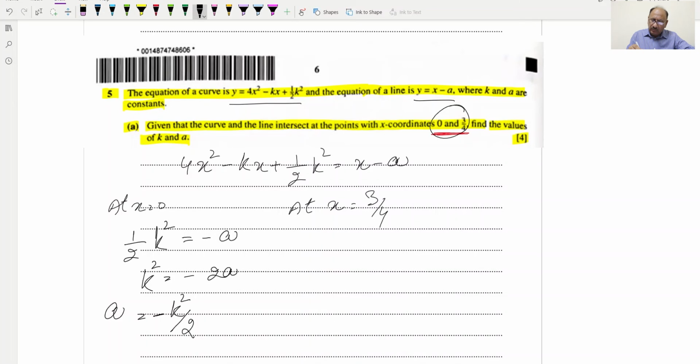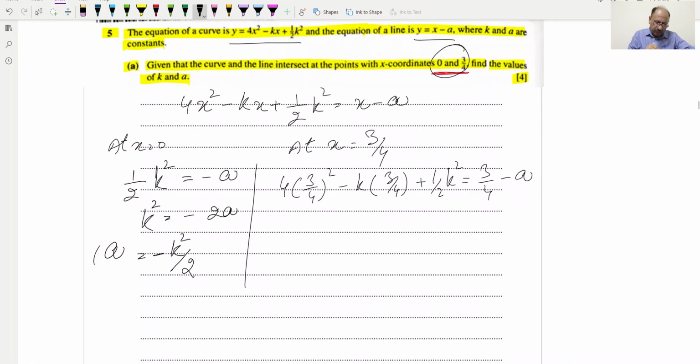So we will be replacing with 3 by 4, and we will get 4 times 3 by 4 squared minus k into 3 by 4 plus 1 by 2 k squared is equal to 3 by 4 minus a, and this a value which we found over here, we will be replacing in this equation, and we can simplify this.